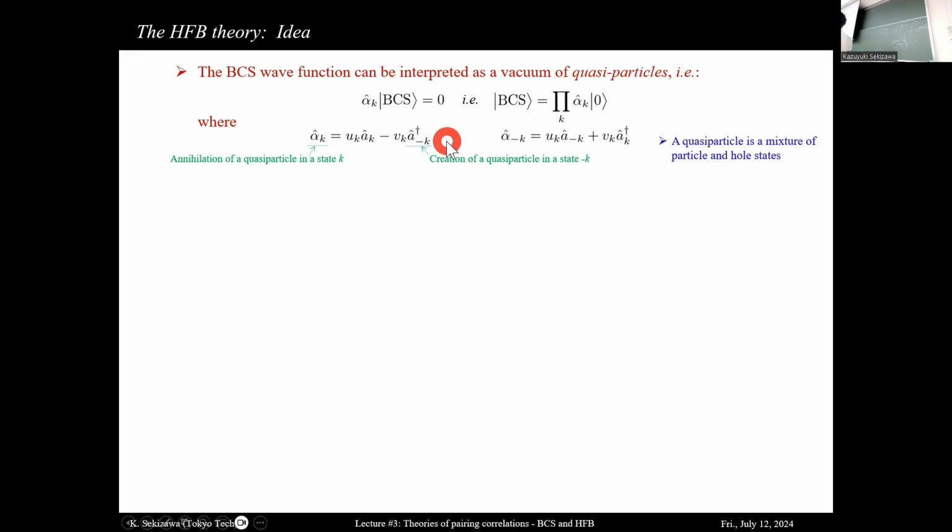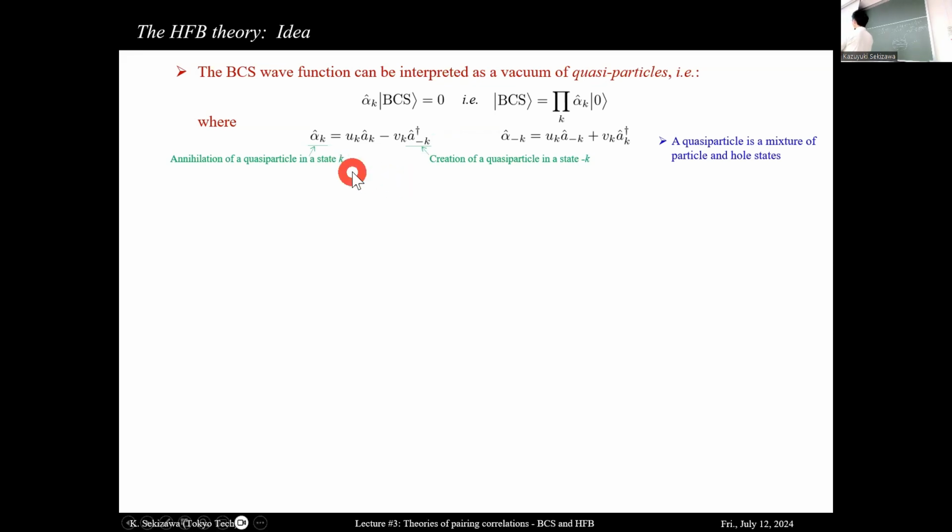So when it acts on the BCS state, it becomes 0. You can look for this alpha_k as a superposition of creation and annihilation operators.